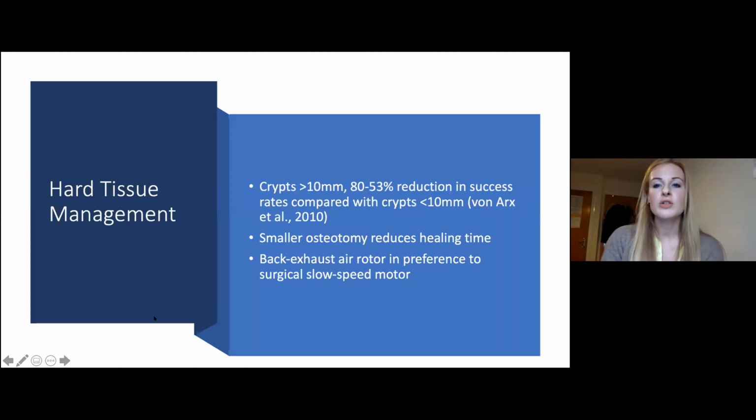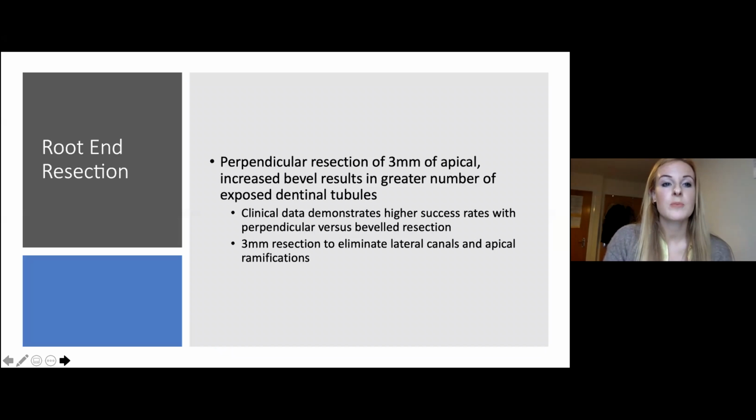So hard tissue management, the literature basically said the larger the crypt, the higher the reduction in success rates. So crypts over 10 millimeters were significantly less successful, with smaller osteotomies reducing healing time for the patient. And again, a back-exhaust air rotor was preferred to surgical slow speed motors.